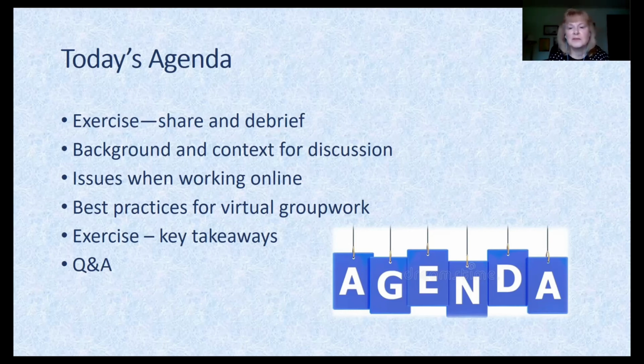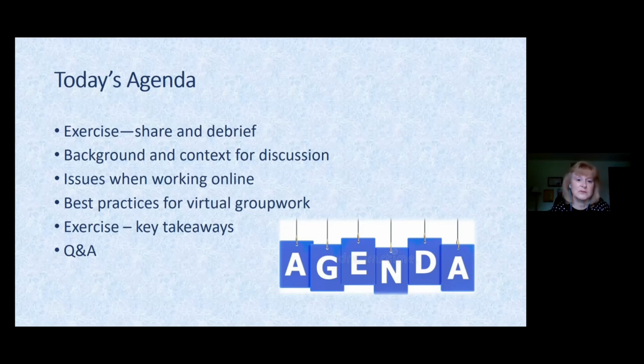We're going to talk about some of those issues, and then we're going to counter that with some best practices and give you some ideas for things that you can do and some resources that you can use. And then finally, we'll do a final exercise and get some key takeaways. And we have left some time for you to ask questions. And we'll also ask you to fill out an evaluation form.